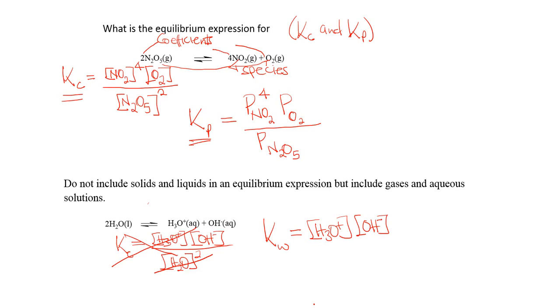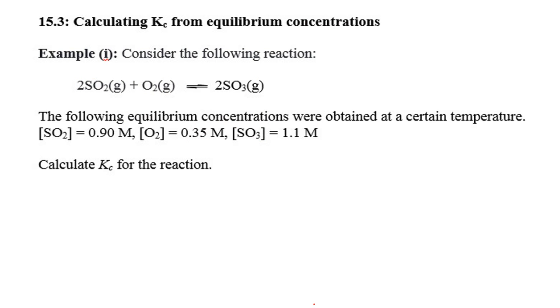So let's solve something based on what we have shown. We have this equation, sulfur dioxide plus oxygen, to give us sulfur trioxide. And we are given equilibrium concentrations at a certain temperature.